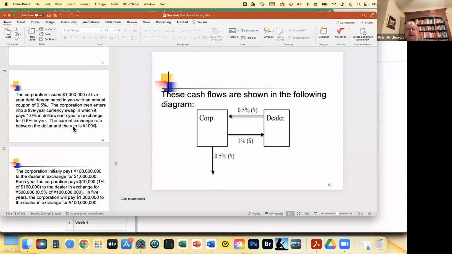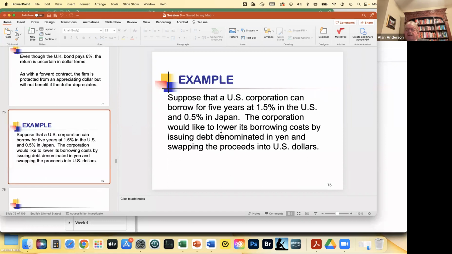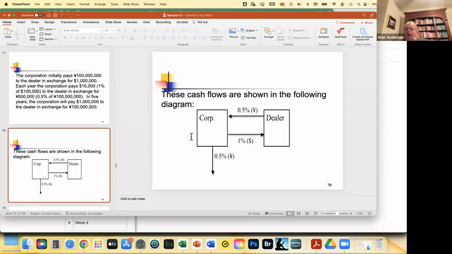They would have had to pay 1.5% to borrow in the US. Instead, they've been able to reduce that to 1% by borrowing the yen and entering into a swap in which they agree to trade dollars for yen. So again, this is one of those cases where some people would say this really won't happen in practice because it would indicate that the markets are inefficient, but that doesn't guarantee that these opportunities don't arise.